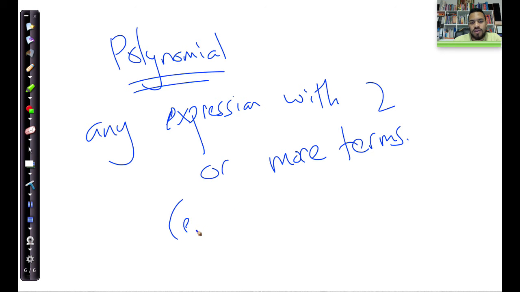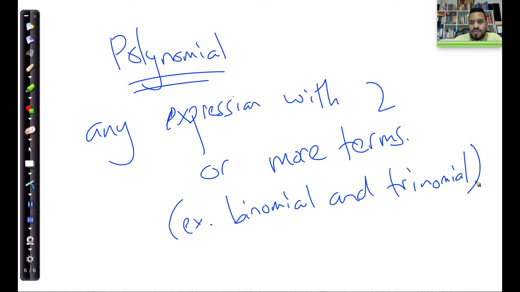And examples of those are a binomial and a trinomial. Okay, so I hope that helps. That's the first thing we're talking about. Final terminologies that we just got to work with. We spoke about binomials, monomials, trinomials, a factored expression.